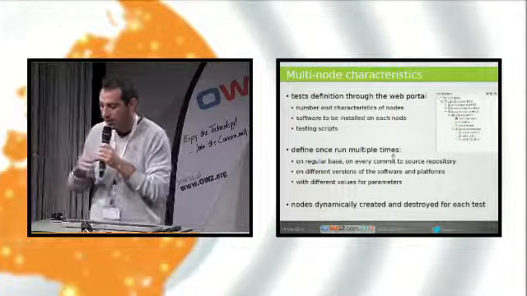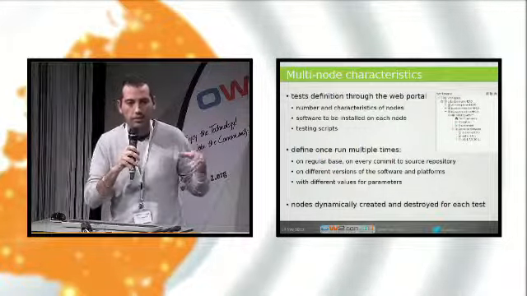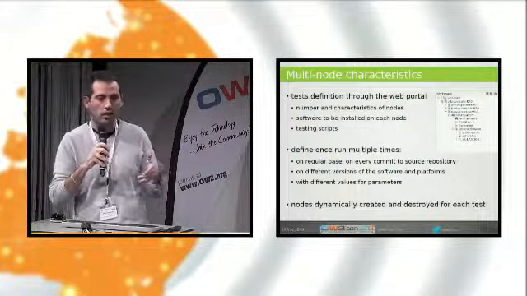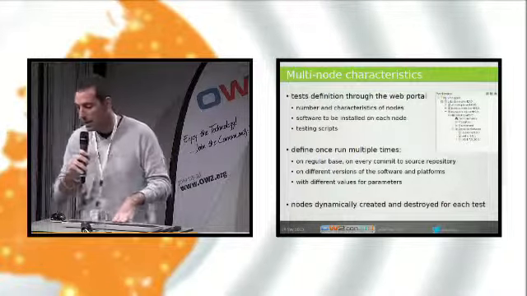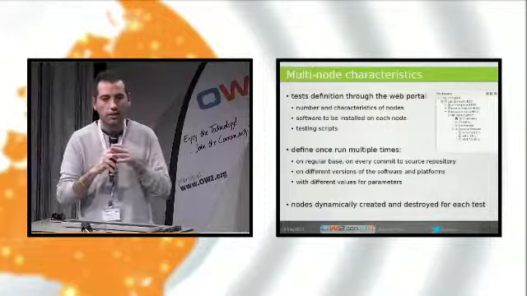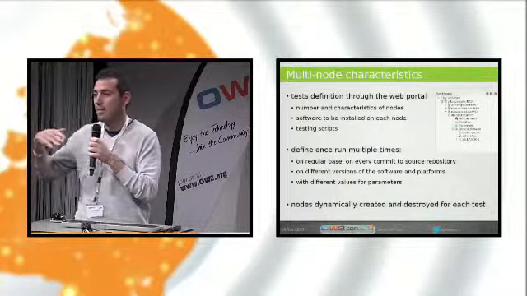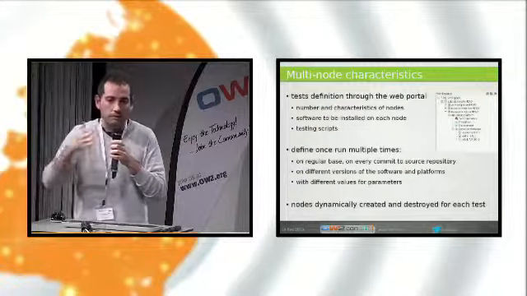The benefit, of course, of running this test using ETICS is the automation of the test. So you define the test one time, then you can execute it multiple times using different versions of your software.